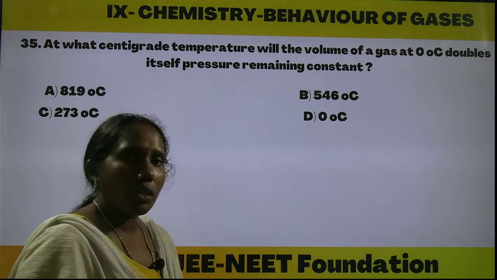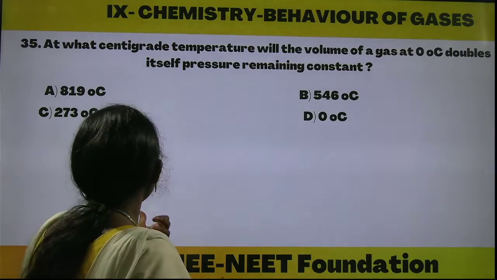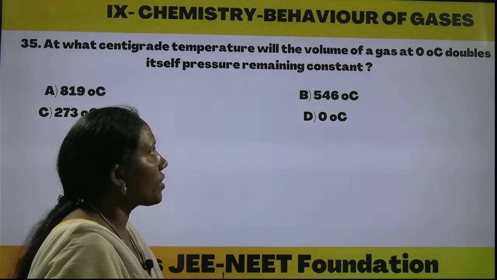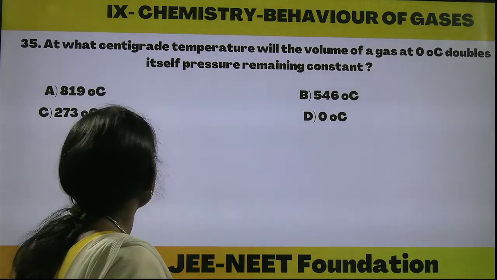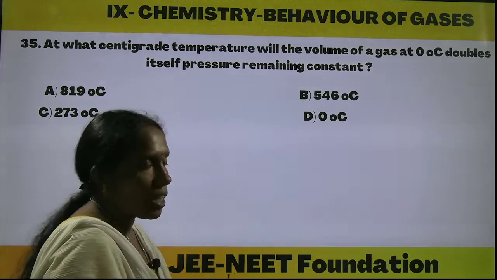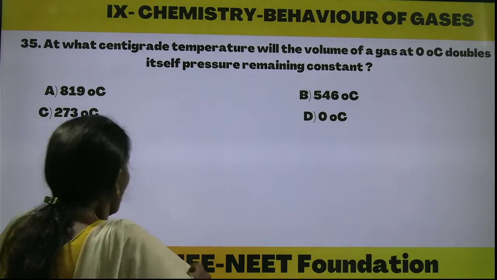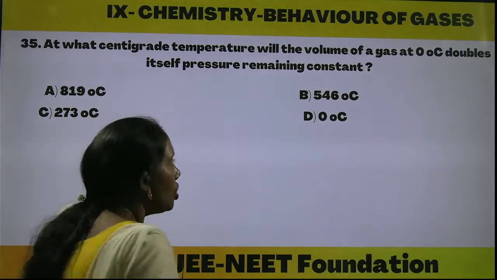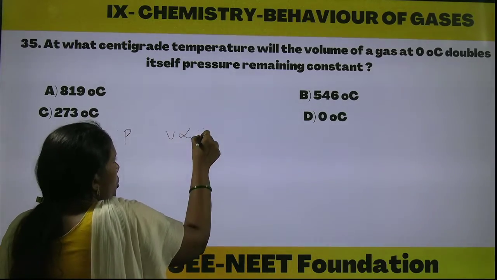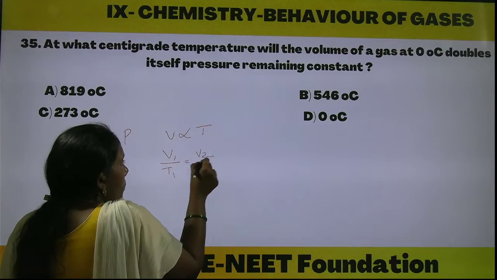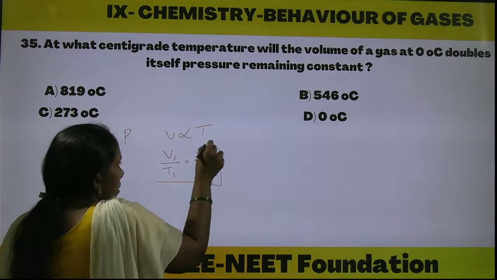This is the third question from the comprehension passage type. At what centigrade temperature will the volume of a gas at 0 degrees Celsius double itself, pressure remaining constant? So we are keeping pressure constant, so obviously it is Charles' law. What is Charles' law? V proportional to T. So V1 by T1 equal to V2 by T2. This is the formula we have to use.